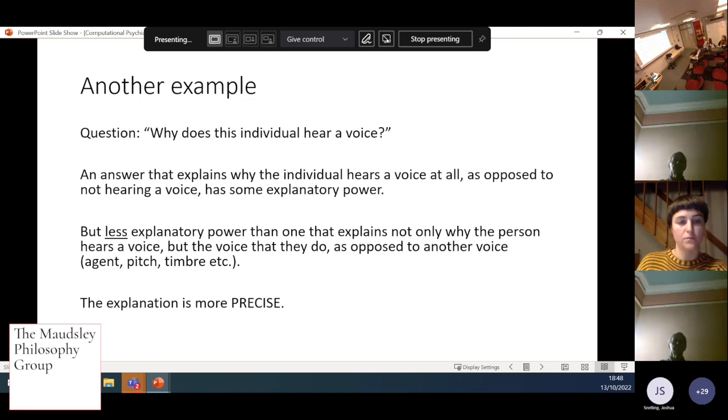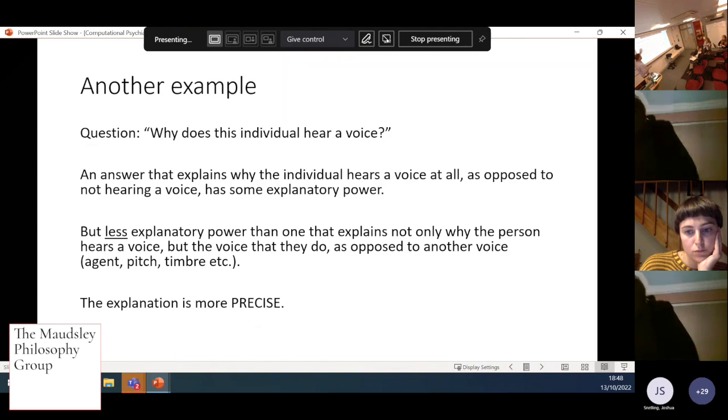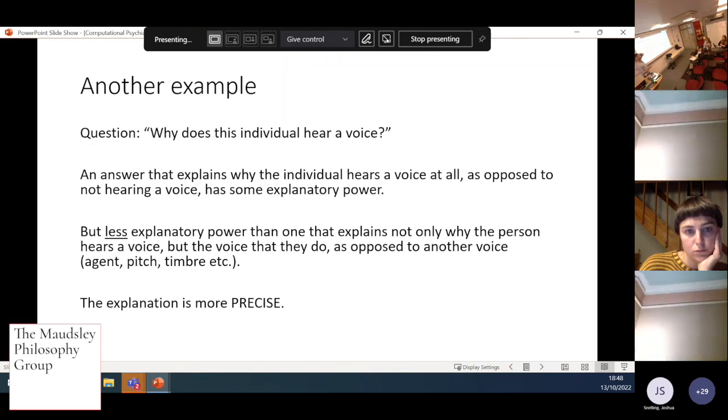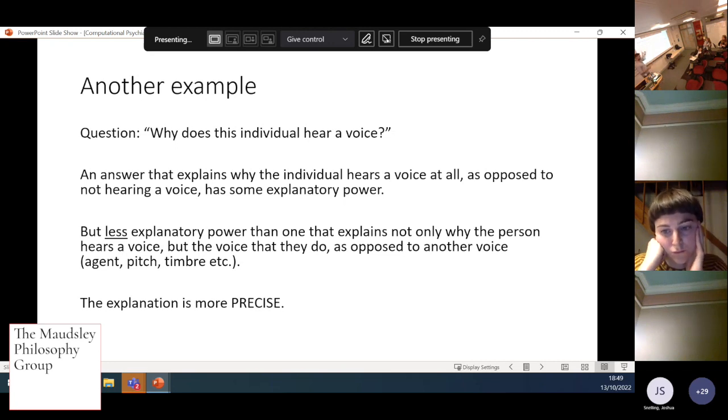If you think about a psychiatric example, why does this individual hear a voice? An answer that explains why an individual hears a voice at all as opposed to not hearing a voice has some explanatory power. It has better explanatory power than one explaining why somebody is having an auditory experience rather than no auditory experience, because at least it gives you the quality of voice.